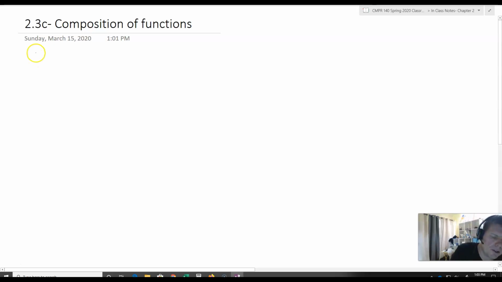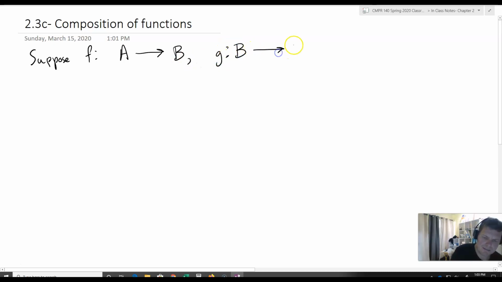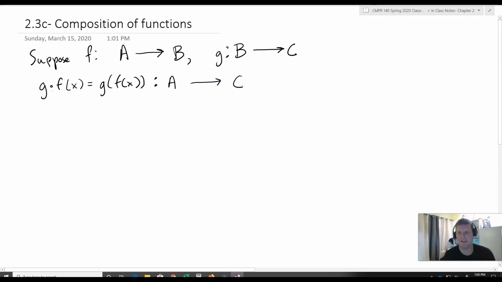Suppose we have F going from A into B, and we have G going from B into C. We'll say G of F of X is equal to G of F of X. And this whole function, which you can call H or whatever you want, is going to be defined from A into C.